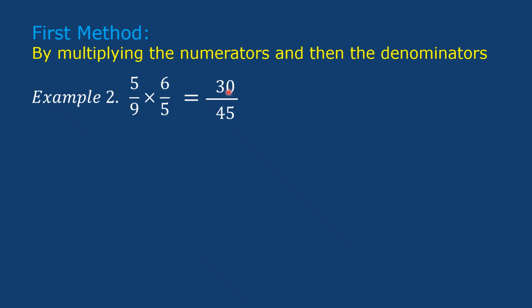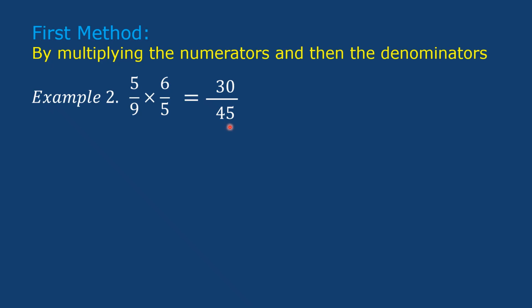But 30 over 45 is not yet in simplified form. We can simplify 30 over 45 by dividing 30 and 45 by their greatest common factor or greatest common divisor.